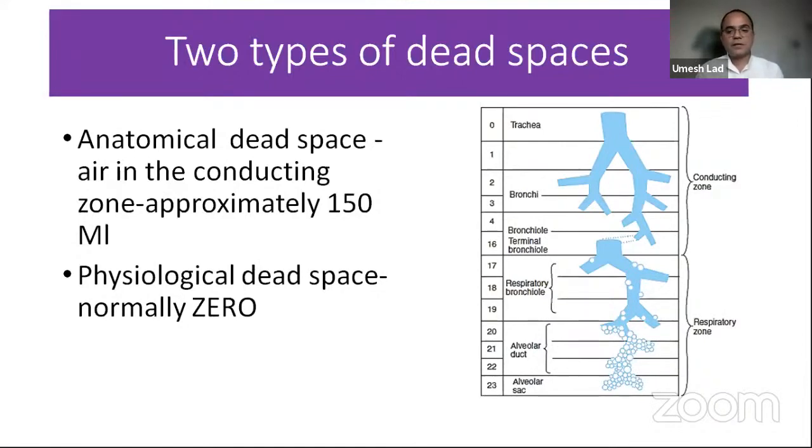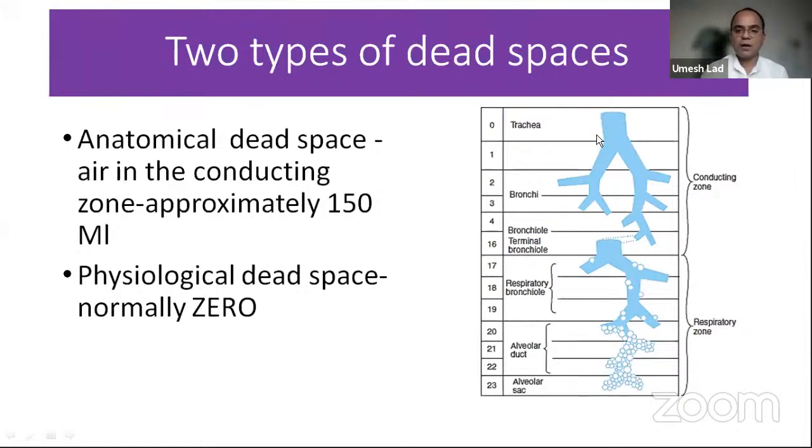Now, the second thing, as a concept, we should remember: let's say this is the trachea, and the air is entering from this side, into both the lungs. The first bout of air which comes down will go to the alveolus. By the time it is reaching here, what is being filled?